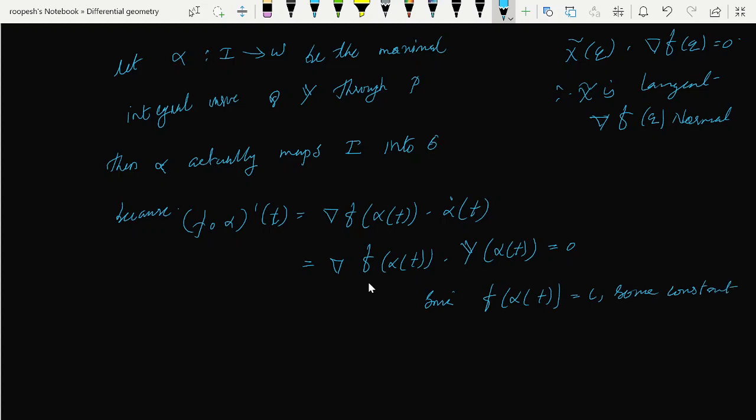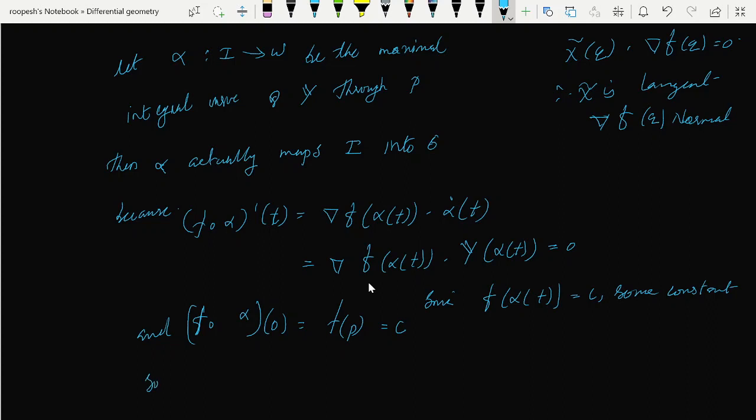So this entire quantity will become 0, and your F composition alpha of 0 is equal to F of p. Now F of p is c.